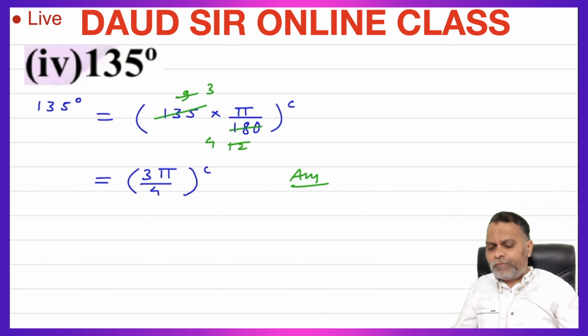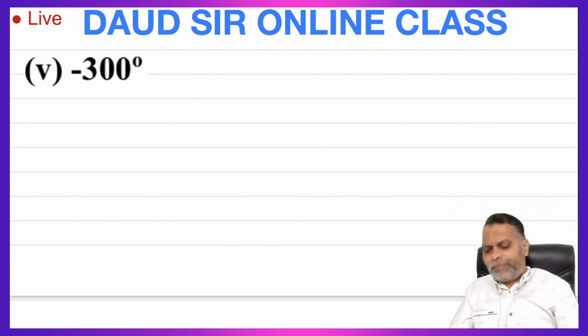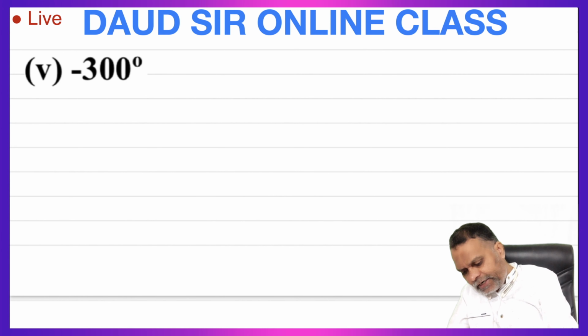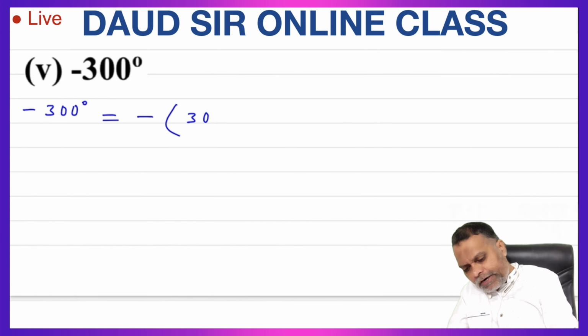3 pi by 4. Question number second, part 5th. Minus 300 degree. So minus 300 degree is minus 300 into pi by 180 radian.